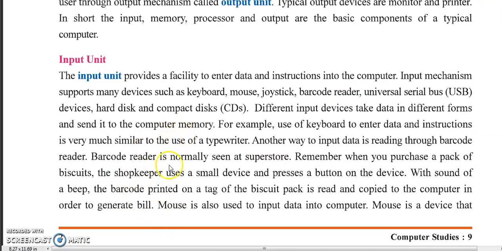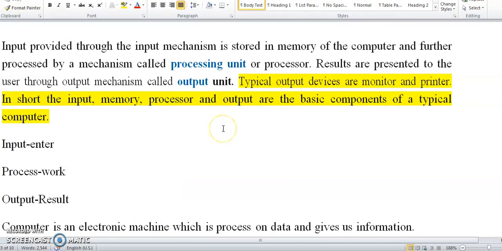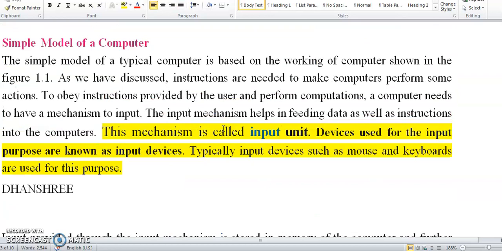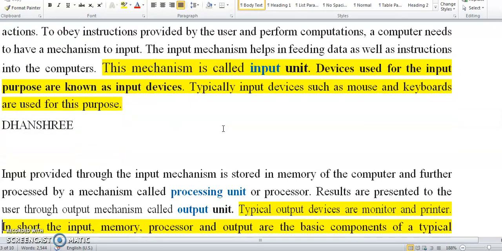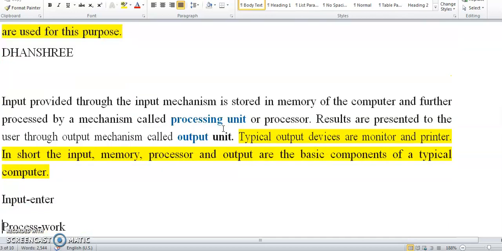Input unit provides a facility to enter data. I already underlined this last time, the data filled in yellow color. Last time I entered my name with the help of the keyboard.